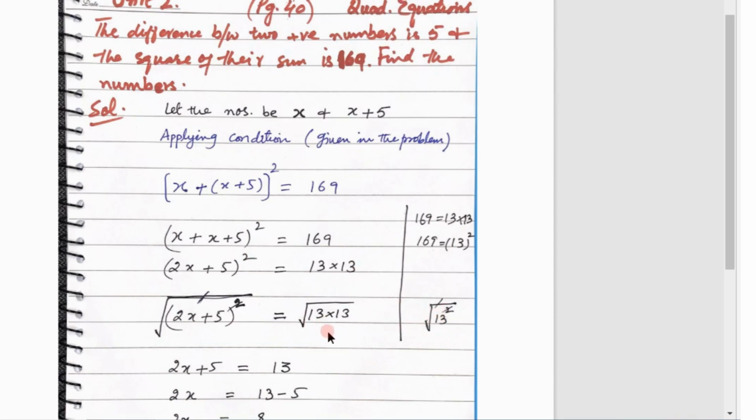I wanted to remove it by 13 square, but I have explained this thing in the rough column so that I can tell you one more step over here. Now whenever you have a square on the left side and you have another same pair on the right side in the form of 13 square, whenever you have a square on the left side and you want to get rid of the square, we take the square root.